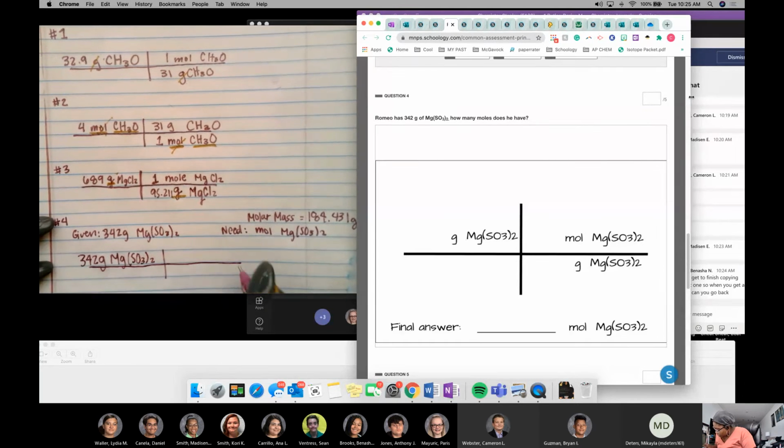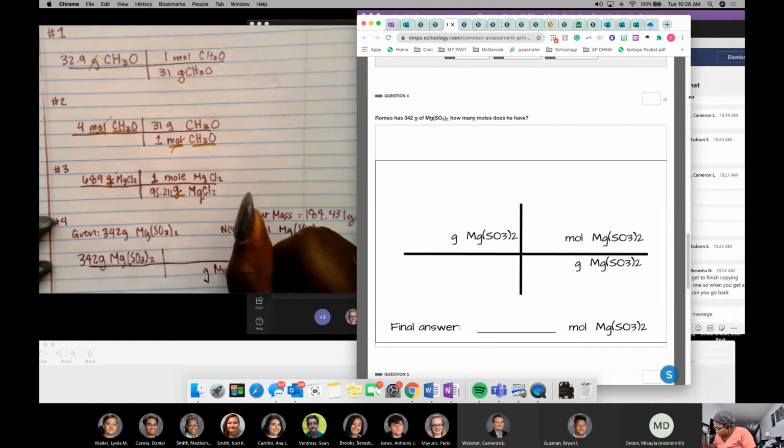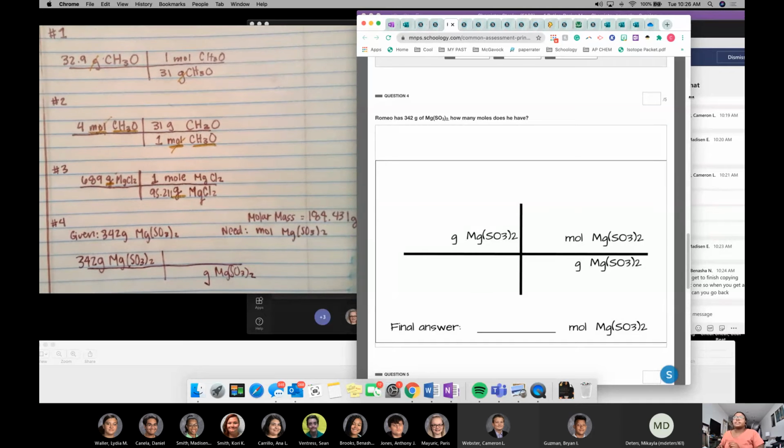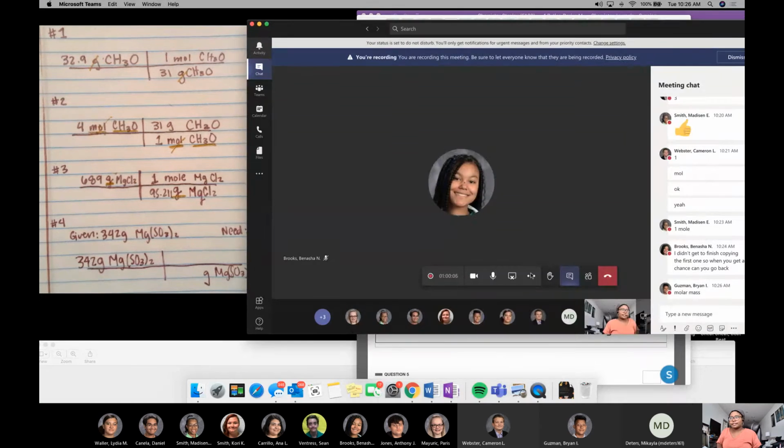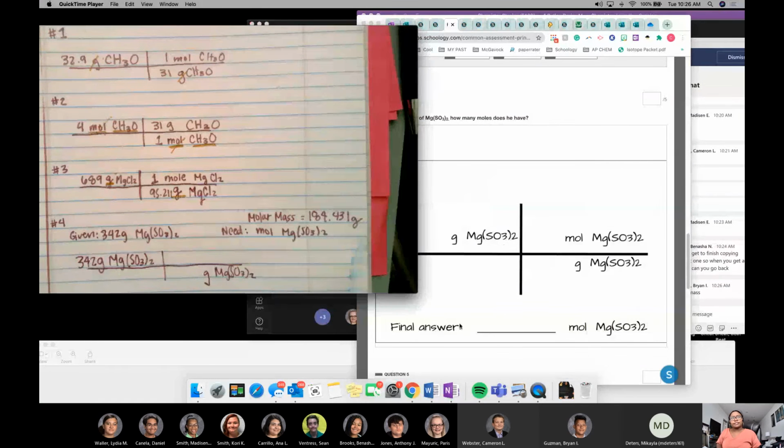What number is going to go down here with grams of MgSO3 2? What's going to go with grams of MgSO3 2?